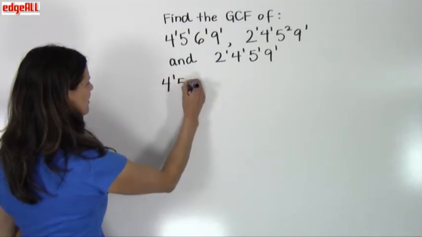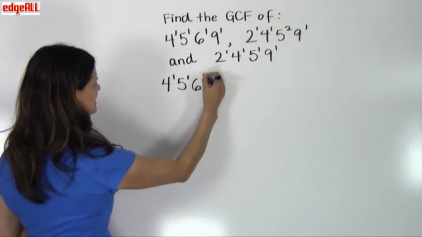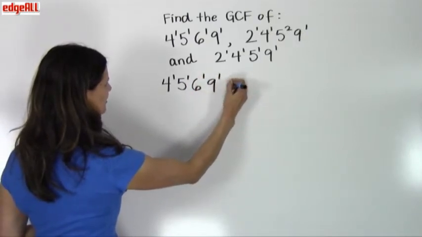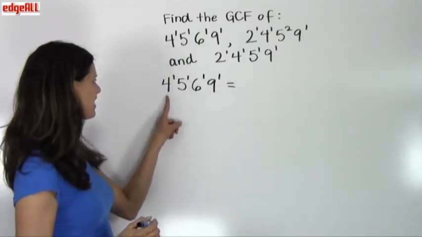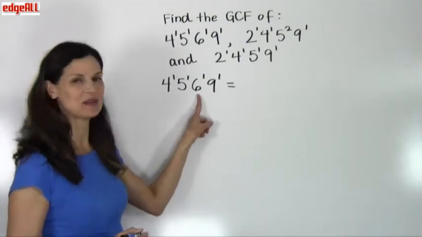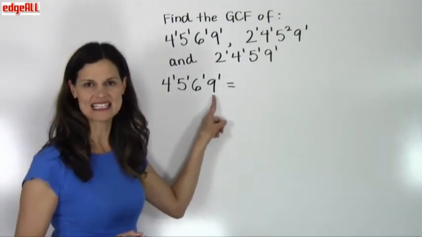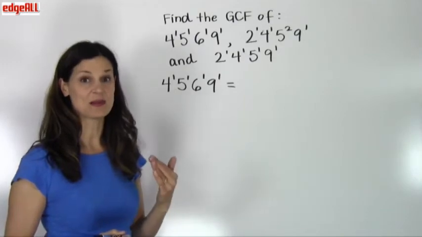So let's start with 4 to the 1 power, 5 to the 1, 6 to the 1 power, and 9 raised to the power 1. So I can see here that 4 is not a prime number, 6 is not a prime number, and 9 is not a prime. So I want to write each of those numbers in their prime.